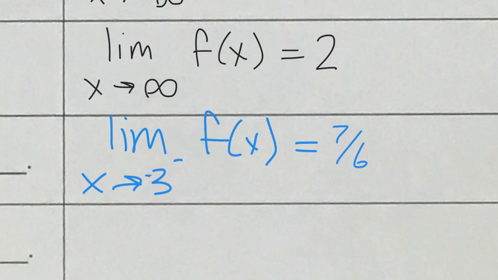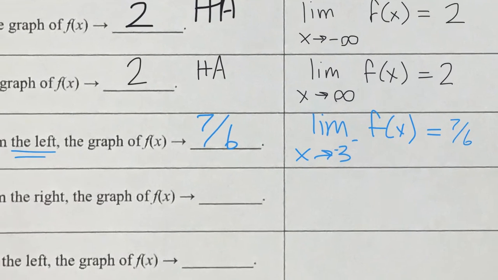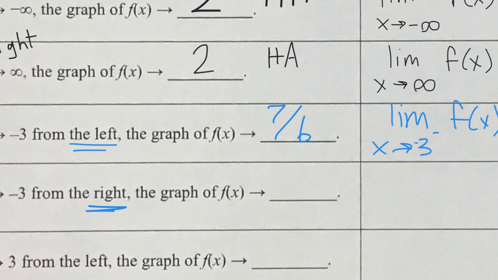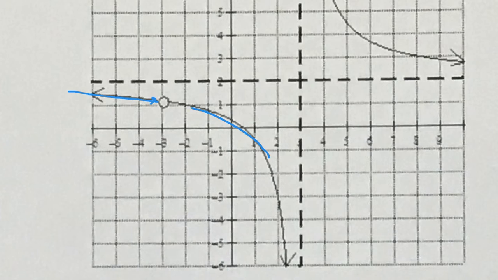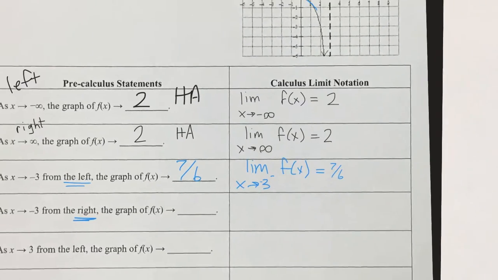That's the y value that x is approaching at negative 3. Even though there's a hole there, it's not really there. It's getting really, really close to 7/6 because it's infinitely small. Okay, and from the right, the graph is going to what number? Also 7/6.